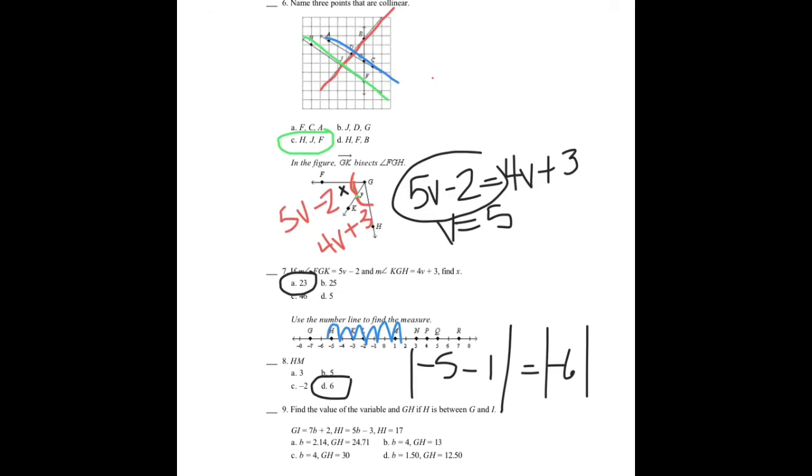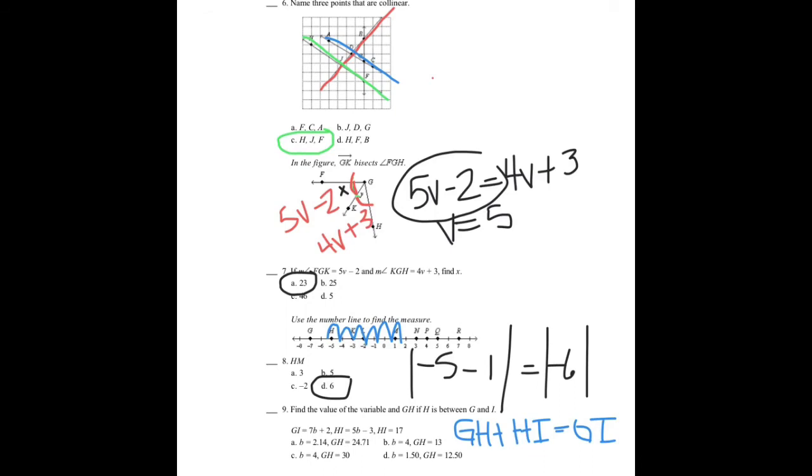Same thing. Number 9, find the value of the variable and GH if H is between G and I. So H is between G and I, so that means that GH plus HI equals GI.